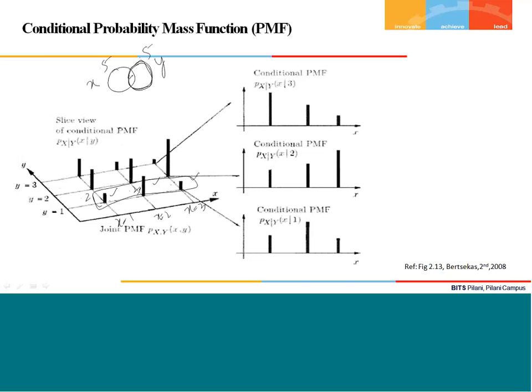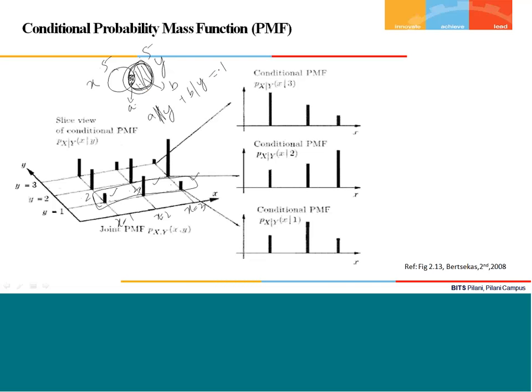But somebody comes and asks me what is the probability of this section given y, and what is the probability of this section given y. Let's say this is A and this section is B. So A given y plus B given y should be 1, because the whole domain is y.